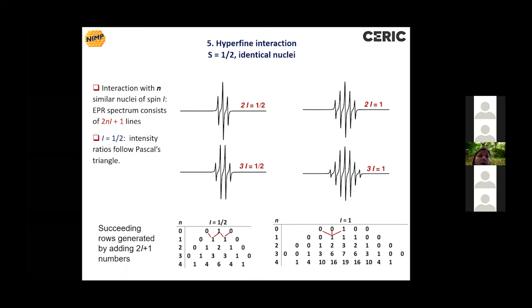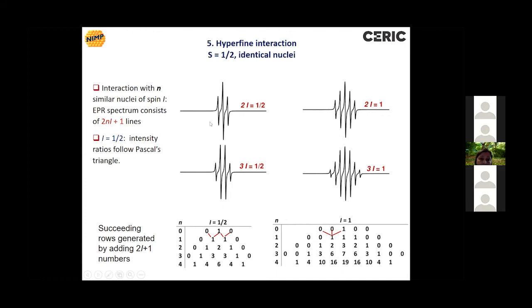When the electron spin interacts with the nuclear spin of n similar nuclei, the EPR spectrum consists of 2nI+1 lines. So for 2 nuclei with spin 1/2, there are 3 lines. For 3 nuclei of the same kind, there are 4 lines.